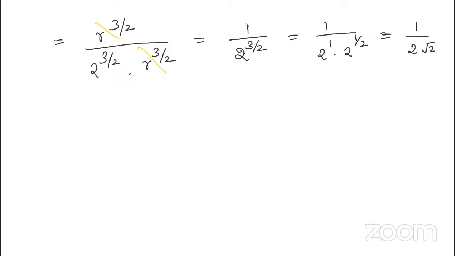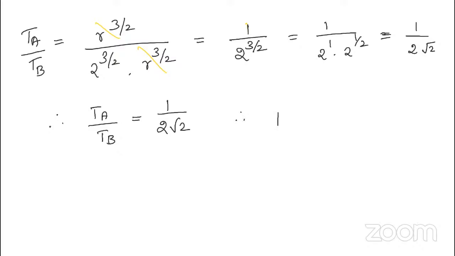So from the left side we have TA by TB. Therefore TA by TB is equal to 1 divided by 2 root 2. So the ratio is 1 is to 2 root 2. This is our conclusion.